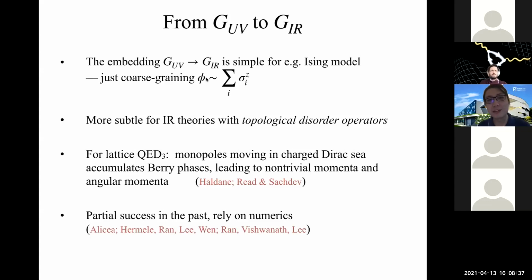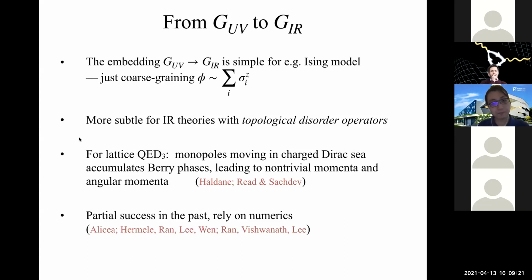For example, in the Ising model, the phi^4 scalar phi that appears in the IR is basically a coarse-grained version of the lattice Z2 spin. So it's relatively easy to figure out how UV symmetries that act on your lattice spin should act in the IR continuum field. But this problem becomes much more subtle if the IR theory has non-trivial topological disorder operators, things like vortices or monopoles, because those do not correspond to any simple coarse graining of some lattice spin degrees of freedom.